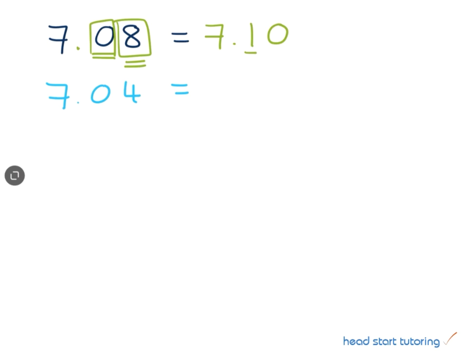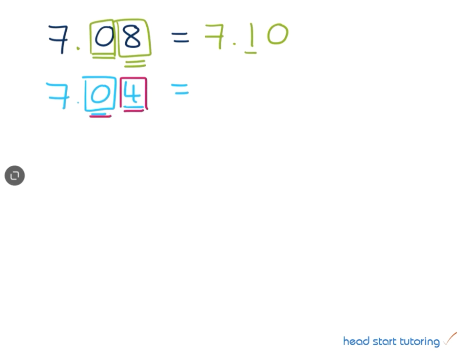Right, so let's have a look at a very similar number, 7.04. And 7.04, we have now got a 4 in our hundredths column. So let's see what will happen to our tenths, because we are rounding to the nearest tenth. What will happen to our tenth if our place value to the right is less than 5? So if it's 0, 1, 2, 3, or 4. So because we've got a 4 in our place value to the right of our tenths column, we cannot round this number up.